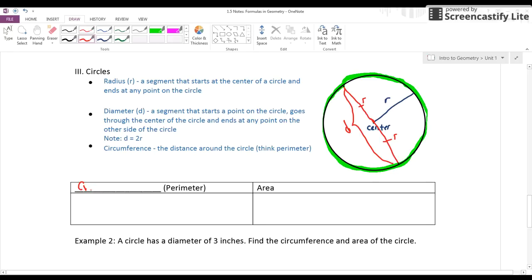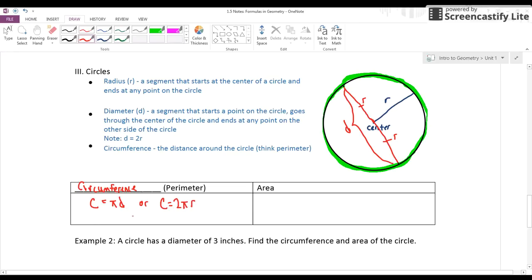Let me try that again. Circumference, which is also perimeter, we're going to use capital C to represent that. That is going to equal pi times the diameter, which also means 2 pi times the radius, because 2 times the radius equals the diameter.